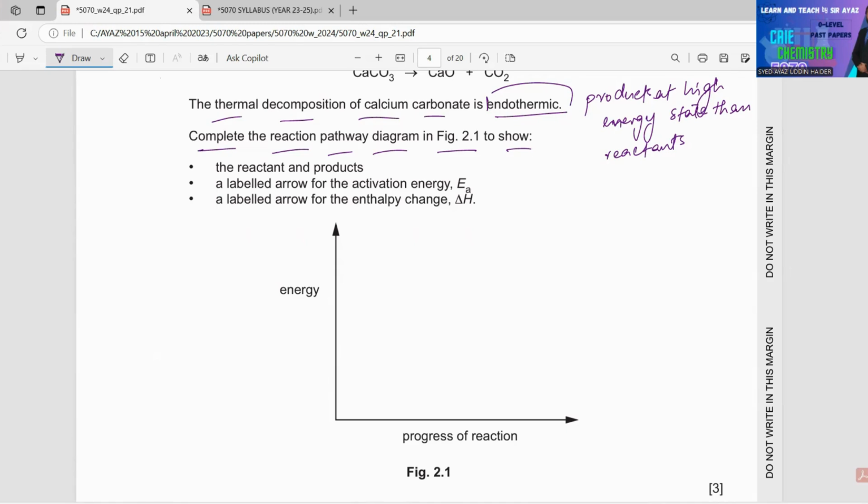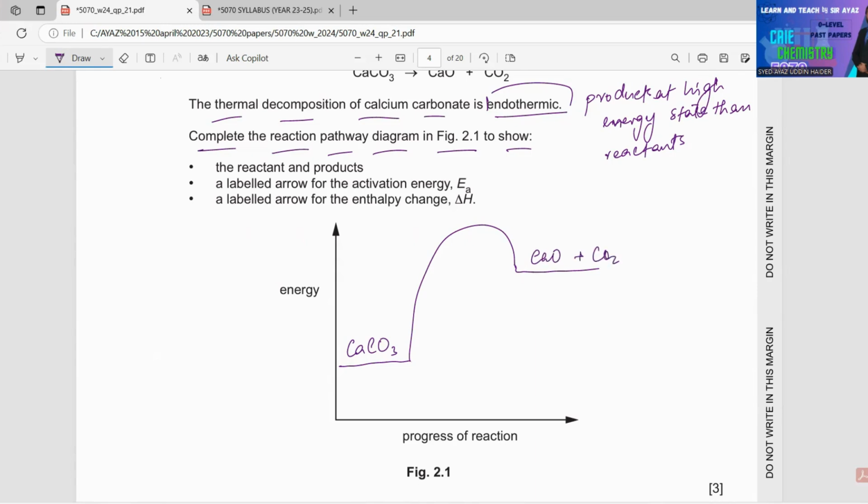I'm going to show the reactant here. This is the reactant, and here's energy, and then we have the product. So write down the symbols for the reactant, which is CaCO3. Products, we have calcium oxide, which is CaO, plus carbon dioxide, CO2.